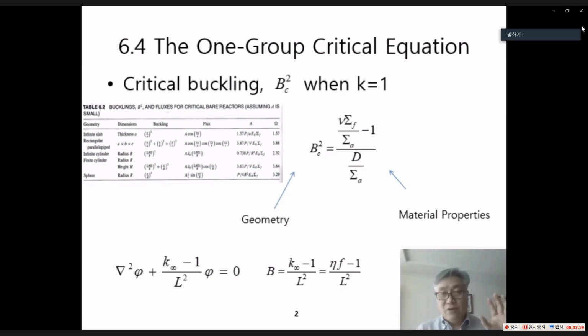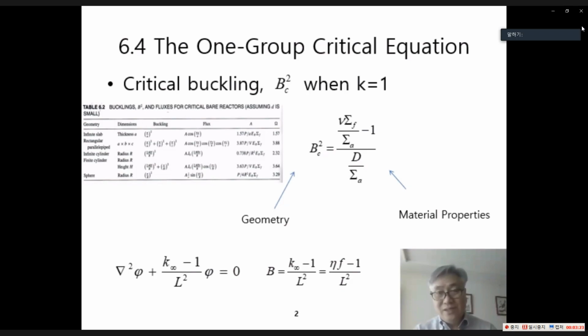And completely differently, the left-hand side is determined by geometry and the right-hand side is determined by material property. Completely different dimension. We cannot compare mass with length because they are different dimensions, right?